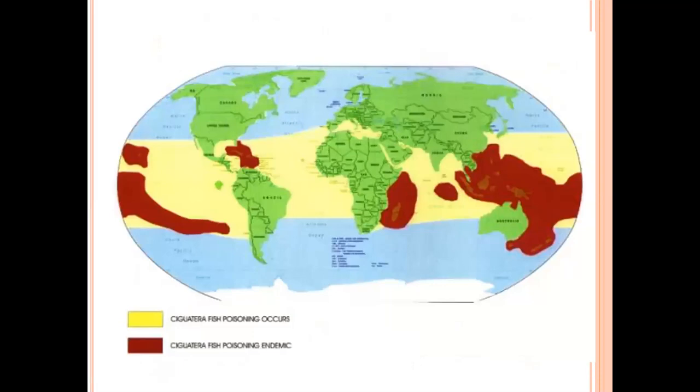The most common areas in the world are shown in this world map, the red areas, where ciguatera fish poisoning is endemic, and sometimes it occurs in the areas in oceans marked with yellowish color. It can be in Atlantic Ocean, Indian Ocean, in Pacific Ocean.